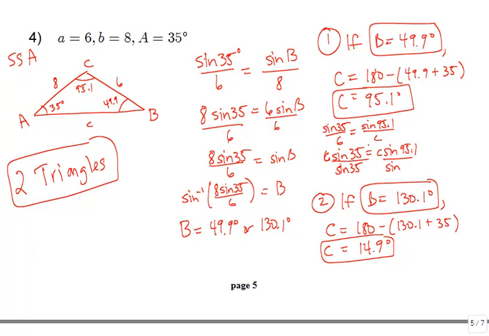Whoops, this should be a 6. And then if I do that, we get C is equal to whatever this is typed into your calculator, and that is approximately 10.42.